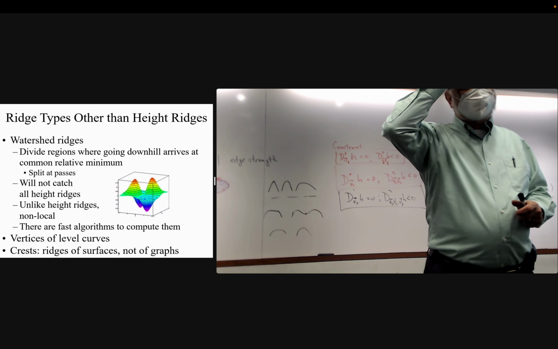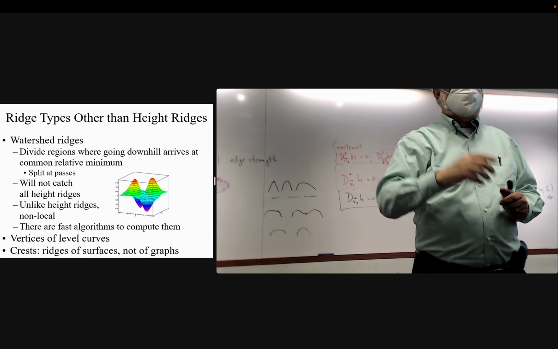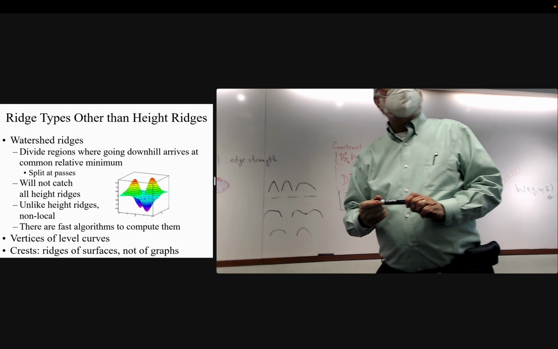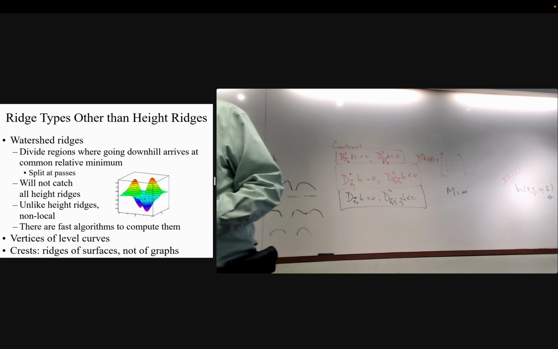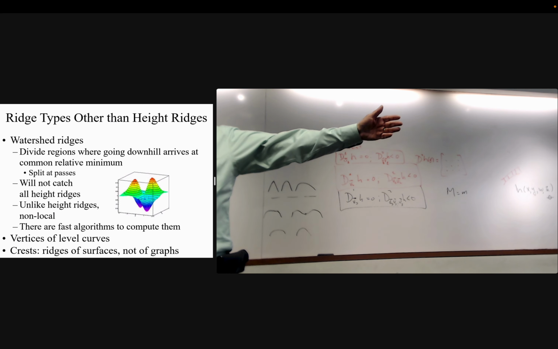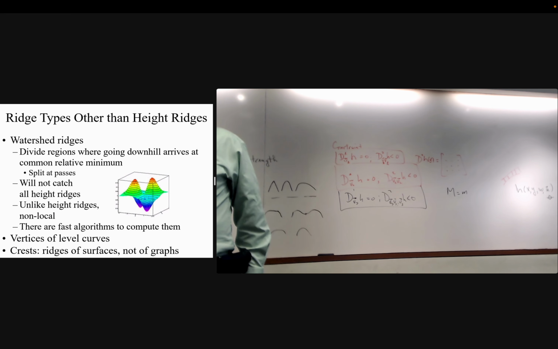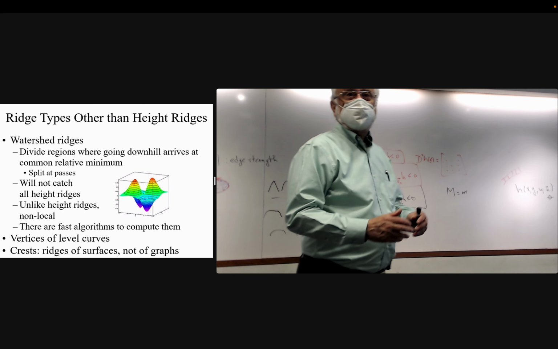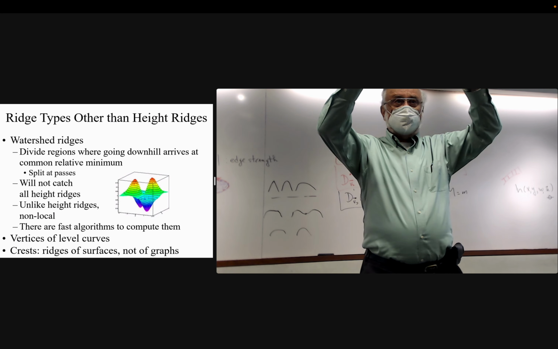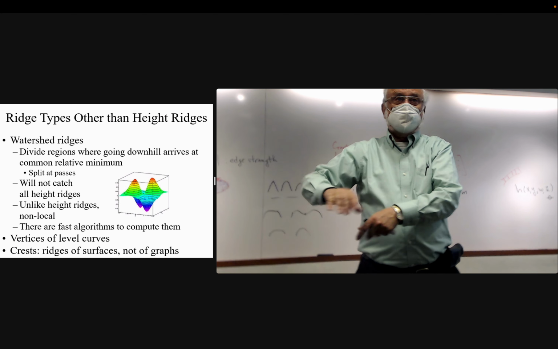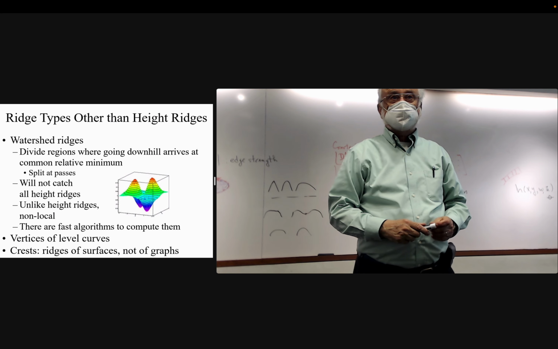Okay, so let's first of all understand what a watershed is. We have an eastern watershed in the Watershed Ridge in the Blue Ridge. On one side of it, if you drop water, it goes down and it runs into the Atlantic Ocean.